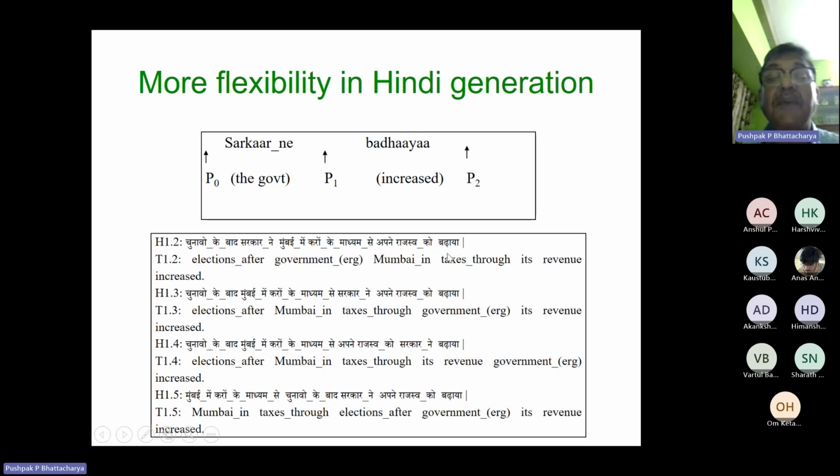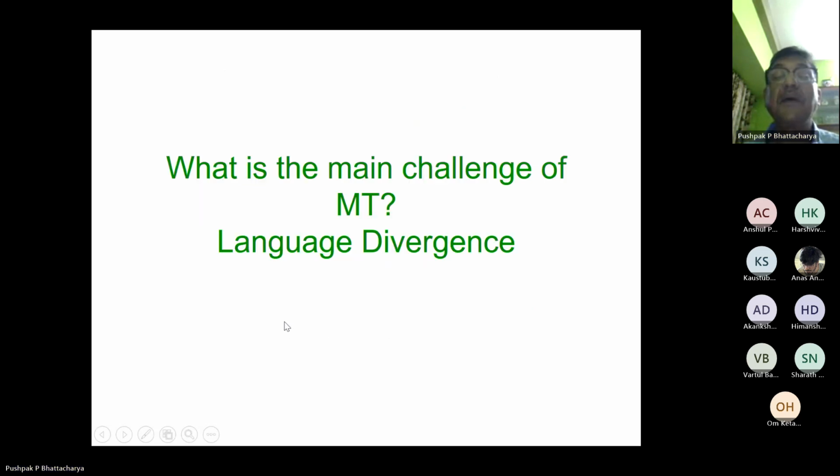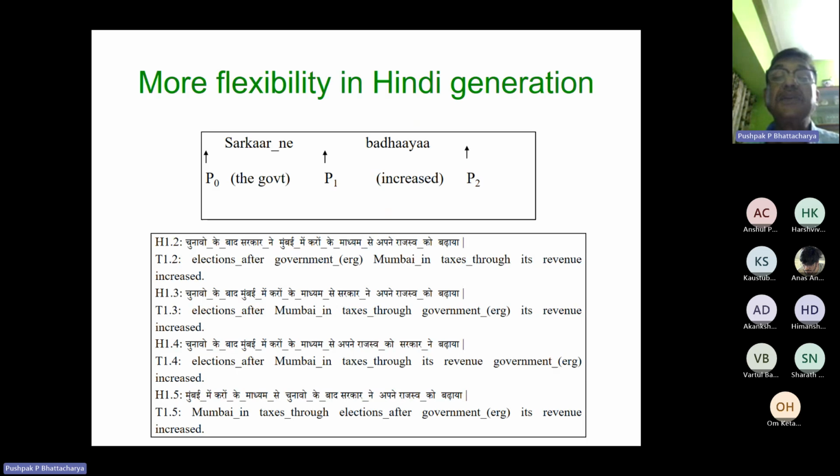Rajaswa has to come before Badhaya. That order is not to be disturbed. This is the canonical order for subject, object, verb as the defining syntax for Hindi. Okay, so this illustrated the various considerations which go into filling the positions after the core sentence has been generated.